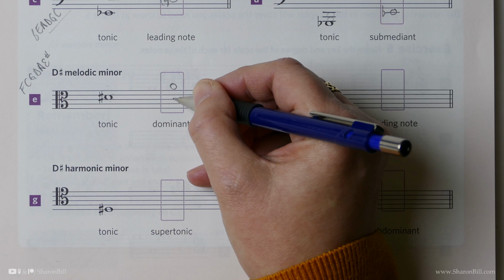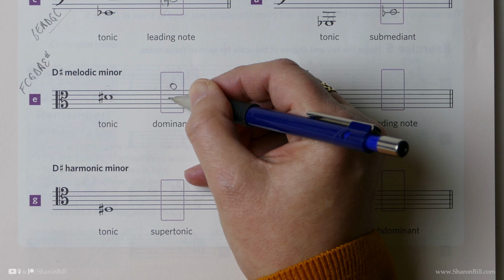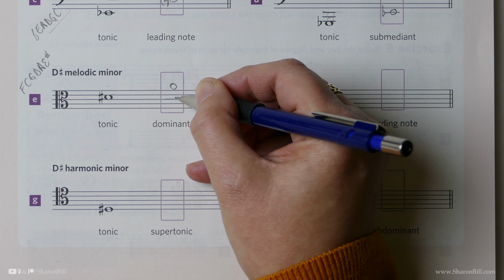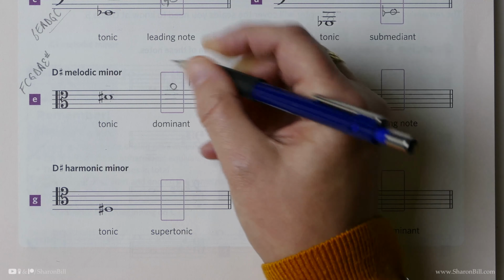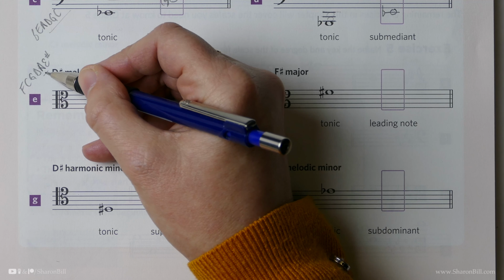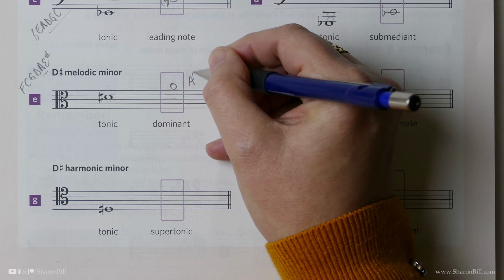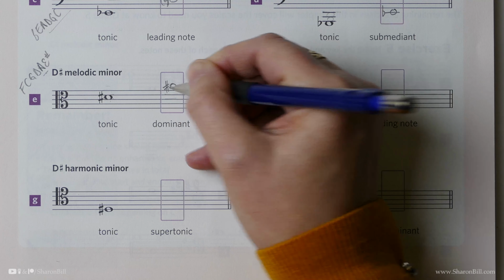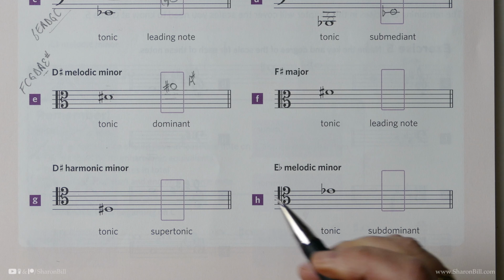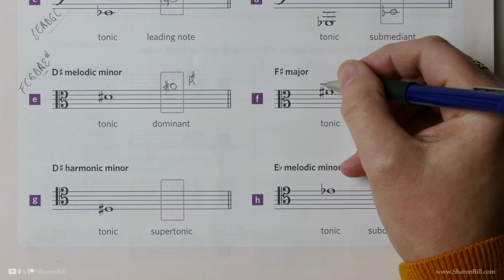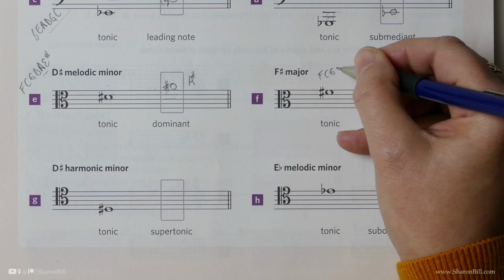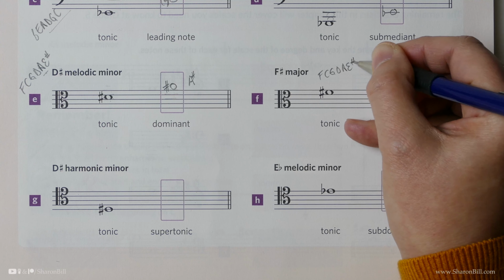Now, this is a note C, D, E, F, G, A. That's a note A, and we know that A should be sharpened. So we need to apply the key signature as an accidental.